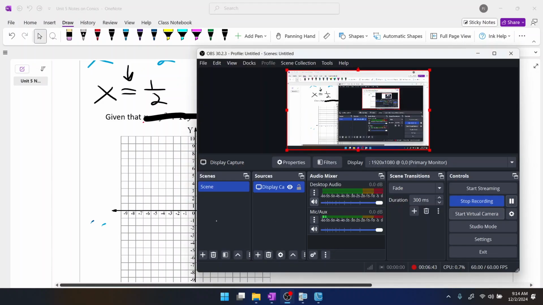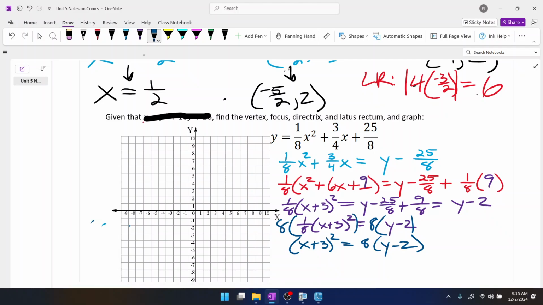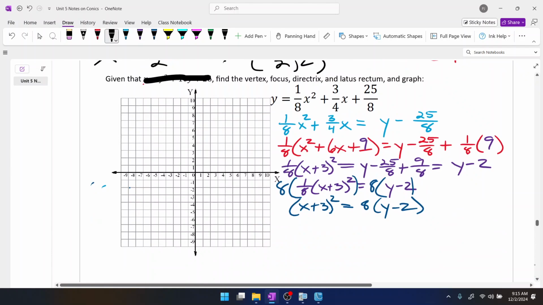So let's figure out our value of p. So 4p is going to equal 8, p is going to equal 2. So let's see here.